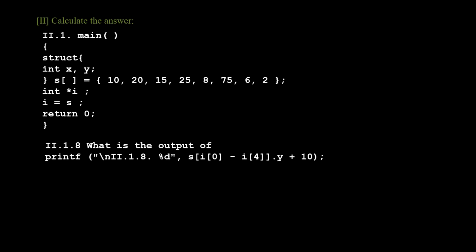Let's see the next question. What is the output of s[I[0] - I[4]].y + 10? So we are incrementing some y value here, and let me start the timer.